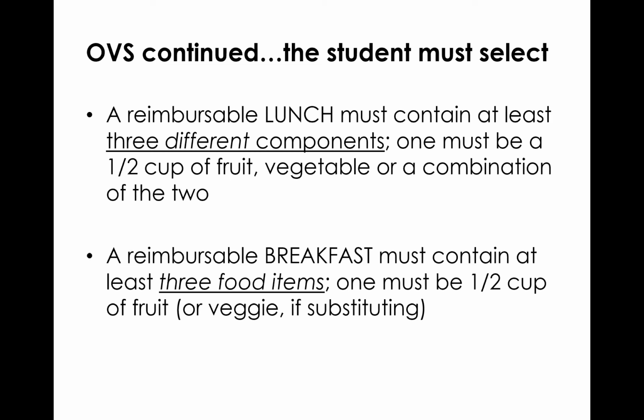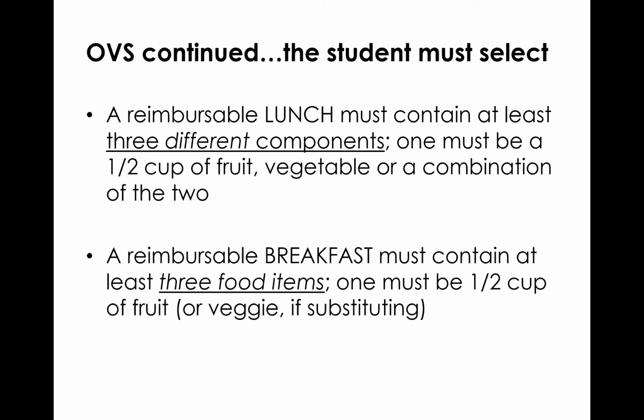So that has to be on the student's tray. So a student could take milk, they could take, for high school, their 2 servings of grain, and they would have to take at a minimum a half a cup of fruit and or vegetable for a reimbursable meal.